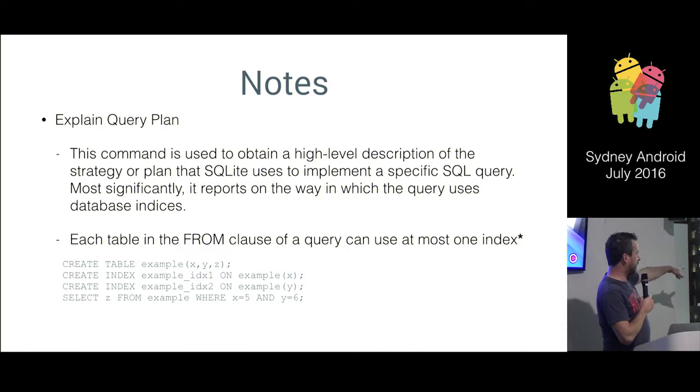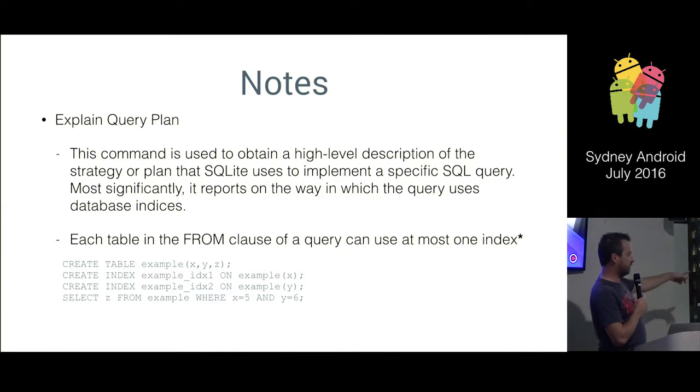So in this example bit of code at the bottom, you can see we've created two indexes on an example table, one on the column X and the other on the column Y. And then if we do a select statement underneath on that table where X equals 5 and Y equals 6, it's only going to use one of those indexes. Now, it's up to the database which one, based on various factors.